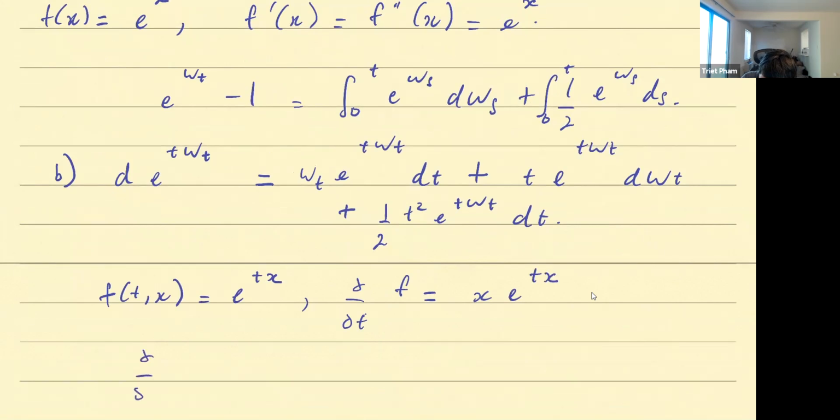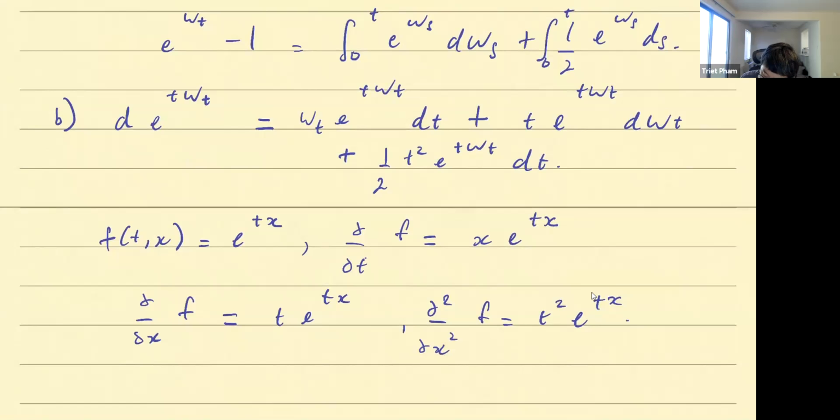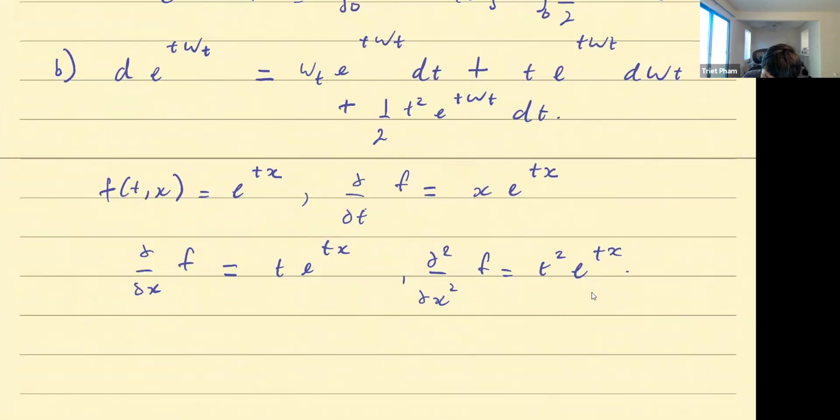The partial with respect to x of f is t e^{tx}, and the second partial is t^2 e^{tx}. Okay. And the integral version we'll skip; it's going to be the integral, etc. Just plug this in as we did above.